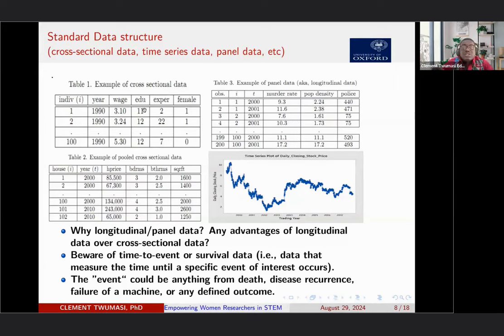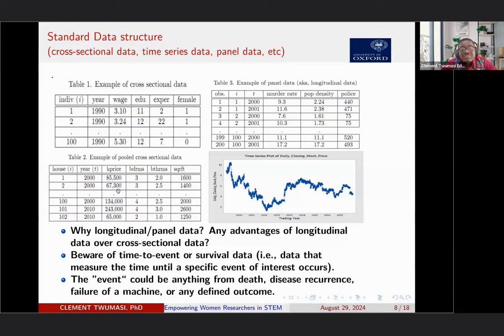So say you are trying to assess the effectiveness of some drug between some groups, say by age groups or something of that sort. And you collected the data as cross-sectional data just within a certain year, and you couldn't find any significant difference in the outcome between those groups.